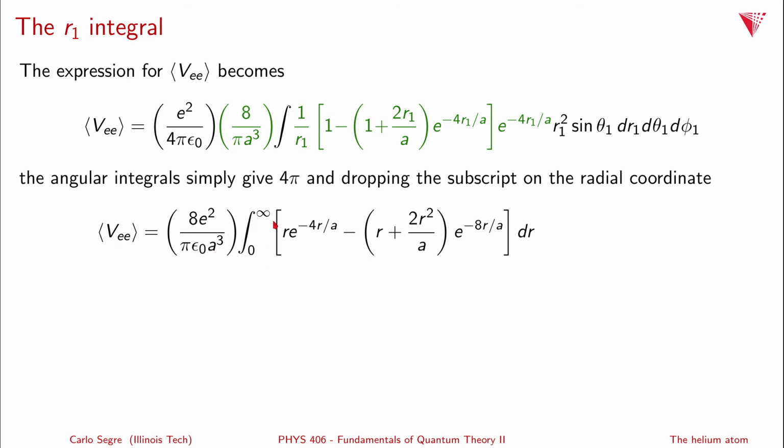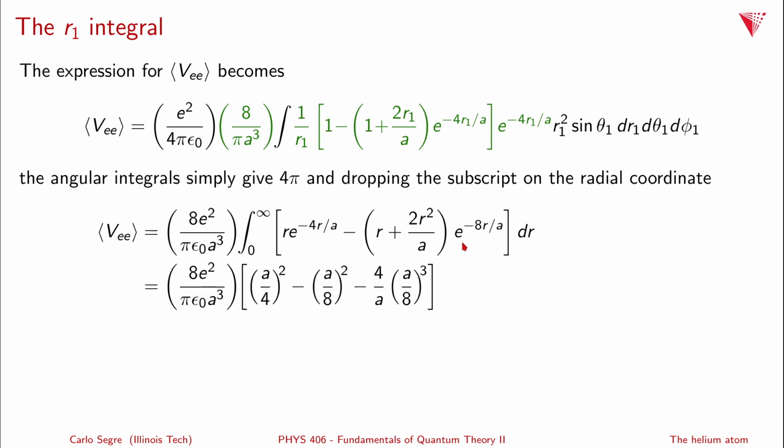Integral from 0 to infinity of the quantity r times e to the minus 4r over a minus the quantity r plus 2r squared over a, all times e to the minus 8r over a dr. Again, this can be done by integration by parts once here, and then these are two integrals, integration by parts once for this, integration by parts twice for this.